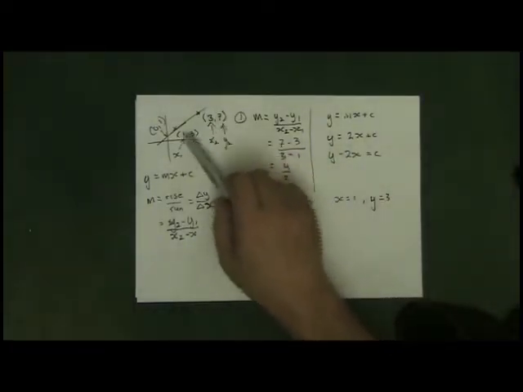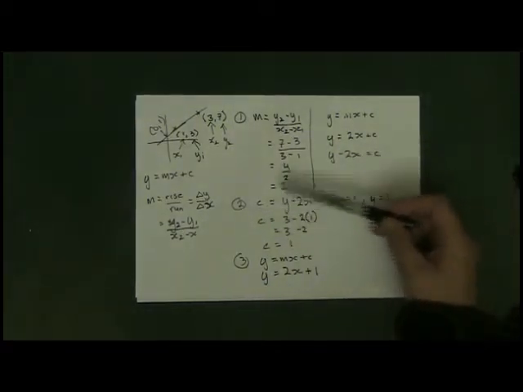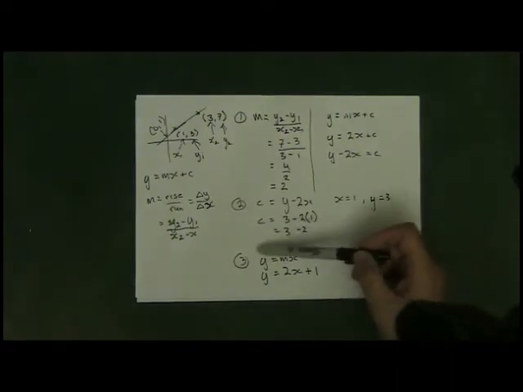If we know 2 points where the line goes through, we can work out m using that formula. Once we've worked out m, we then use one of those values, stick it into the equation, rearrange for c, stick those values into that equation, that works out c. So now we know m and we know c.